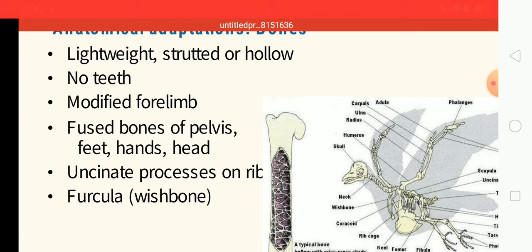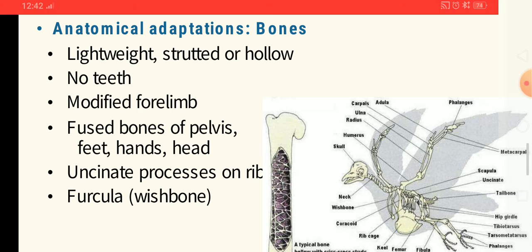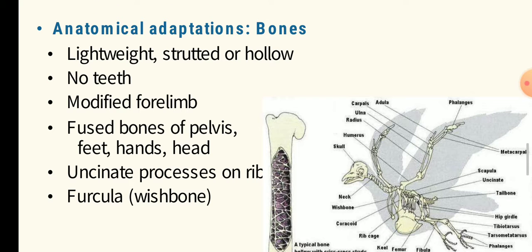The first one is the lightness and the rigidity of the endoskeleton, that is basically the bone or the skeletal. The skeletal framework of the flying bird is very stout and is lightly built on a hollow girder principle.